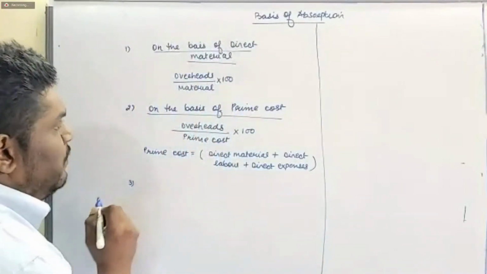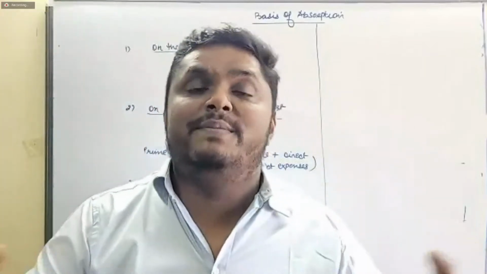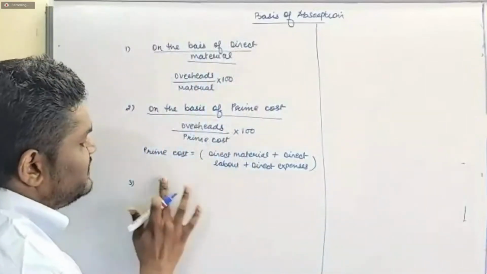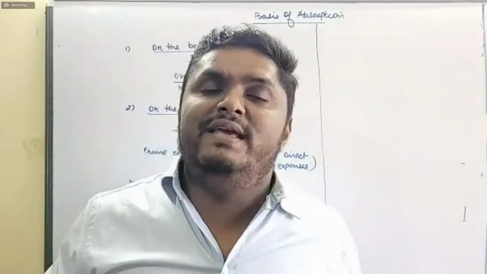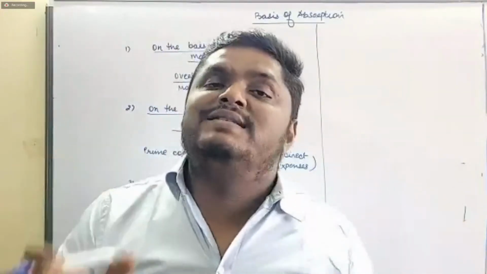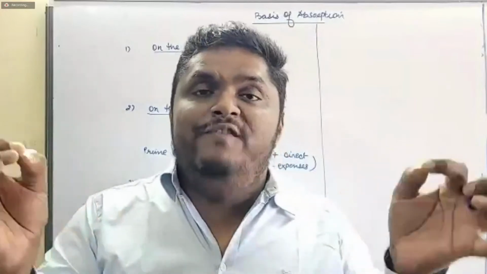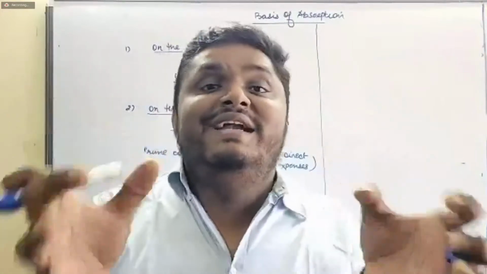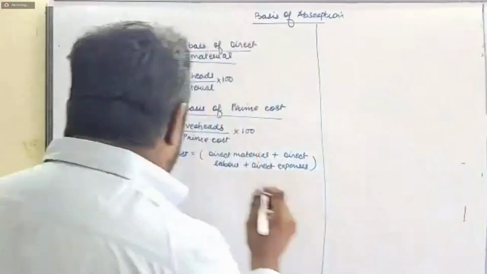Then the third point, the most important point, is on the basis of labor hours. The most important method is the labor hour basis. Now, if nothing is specified in the question and if labor hours are given, then better absorb the overheads on the basis of labor hours. If no information is given and the question is silent, it is advisable to use labor hours as the basis of absorption.